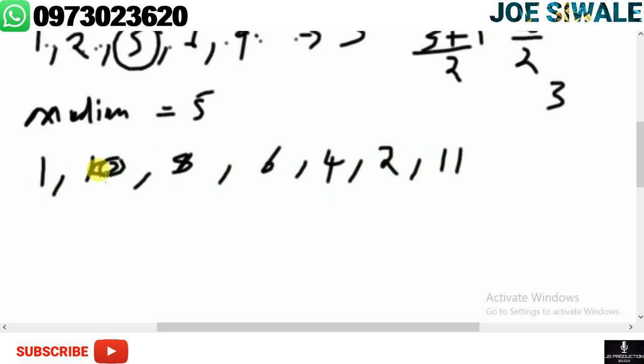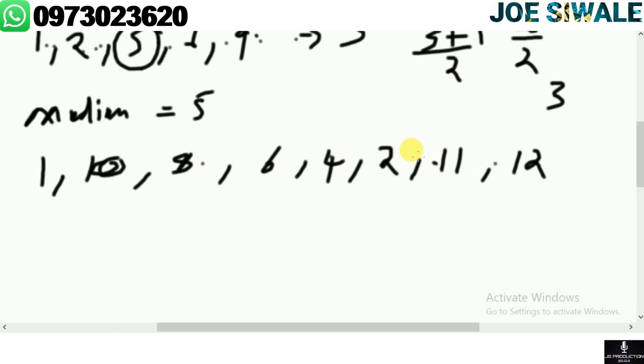So I have 1, 2, 3, 4, 5, 6, 7. Then I also have 12. So as I count the total numbers, it will give me an even number. 1, 2, 3, 4, 5, 6, 7, 8. So 8 is an even number.